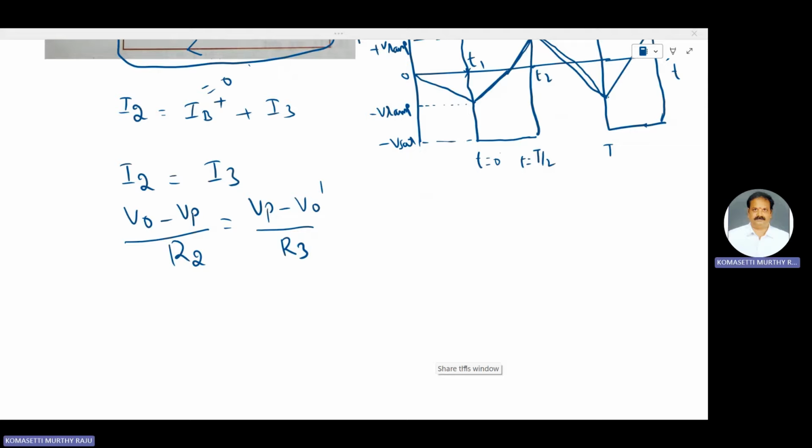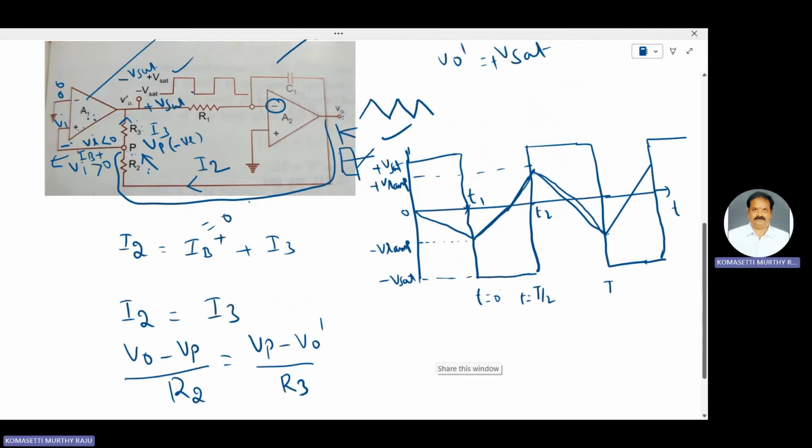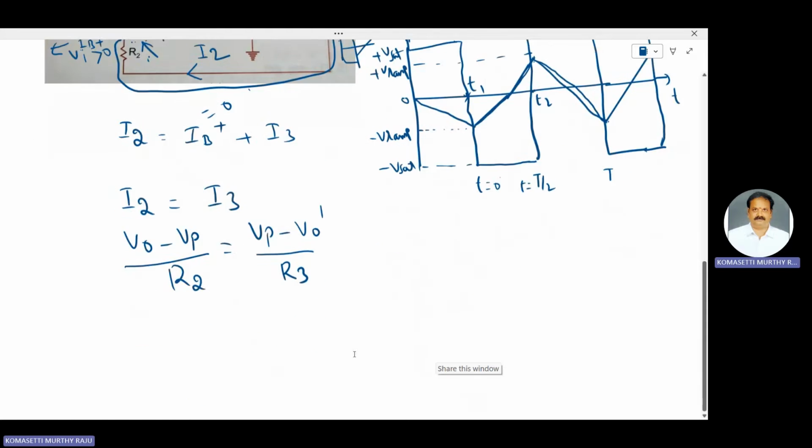We know that VP is 0. The inverting terminal of op-amp A1 is connected to ground. According to the virtual ground concept, the voltage at the positive terminal is also 0. VP is equal to 0.